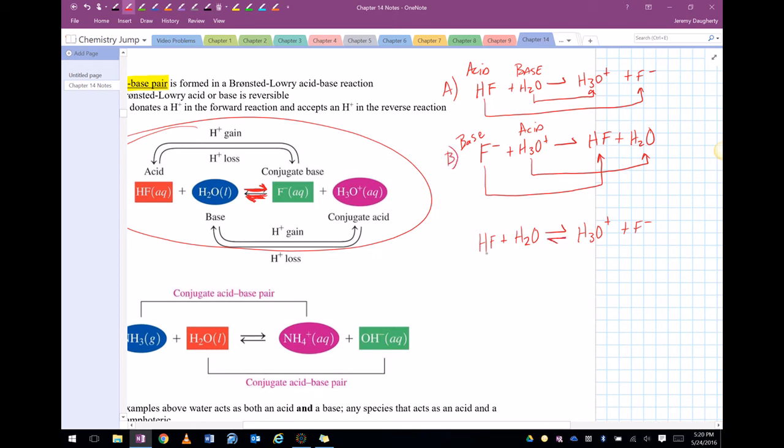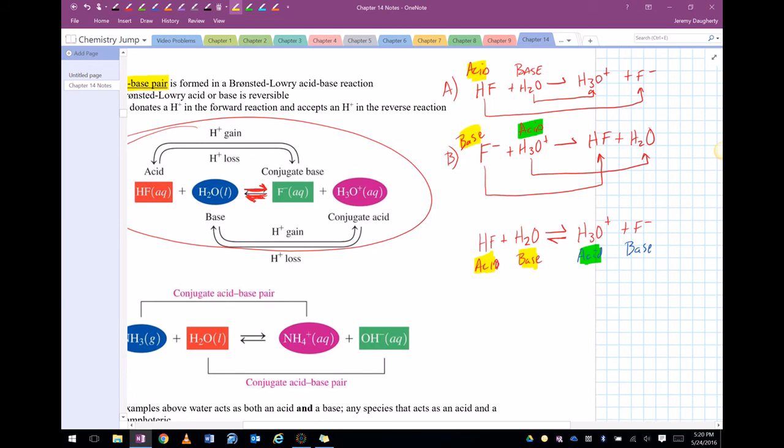So we identified this initially as an acid, and this as the base. Now, on the other side, we identified H3O plus as the acid, and then we identified F minus as the base.